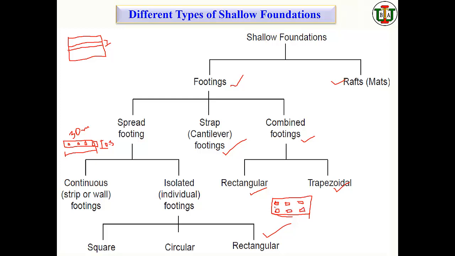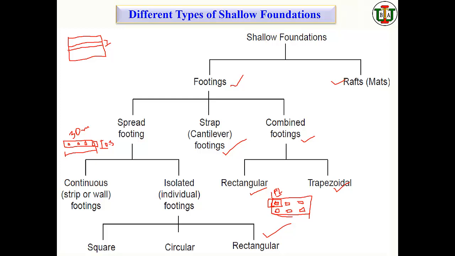But normally, whenever you have a column arrangement like this and you have the property line, this is the PL, property line, suppose. So if you find that the footing area for this one is like this, then it is difficult for you to construct this footing because it is not within your property line.